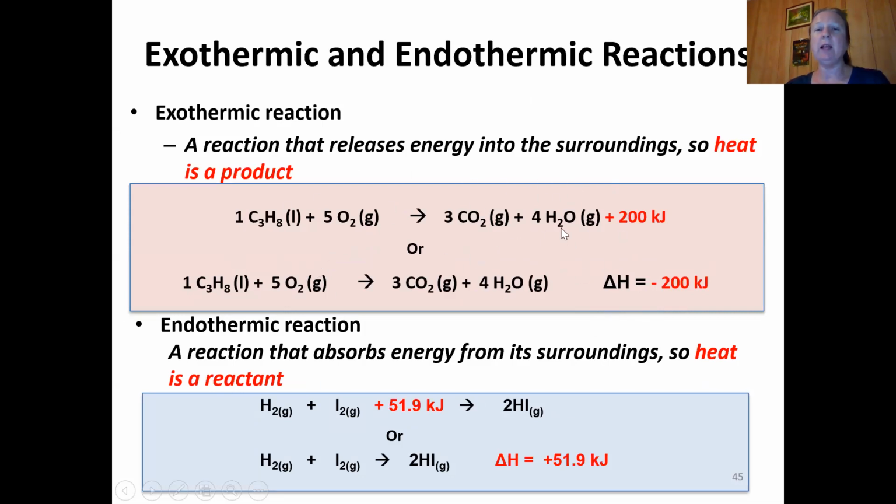So if this enthalpy is lower than this, your delta H will be negative. I mean, think of this as 1 and this is 2. It's product minus reactant. So if you go 1 minus 2, you're going to get -1. So your delta H is negative. That's excess energy. Your energy as a product goes over here.